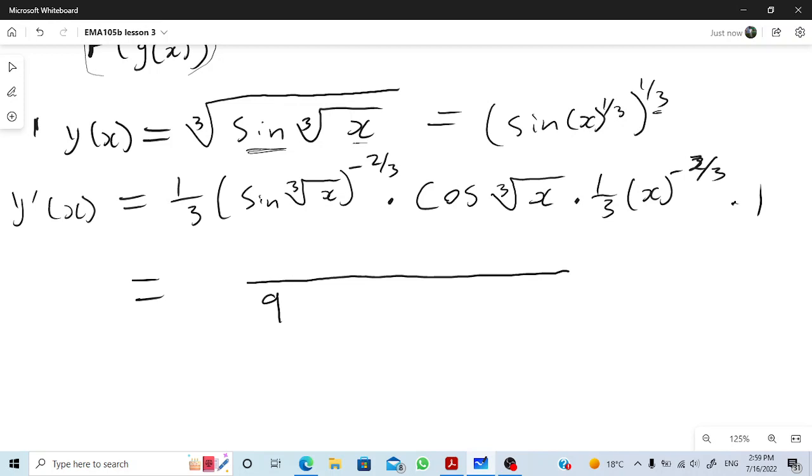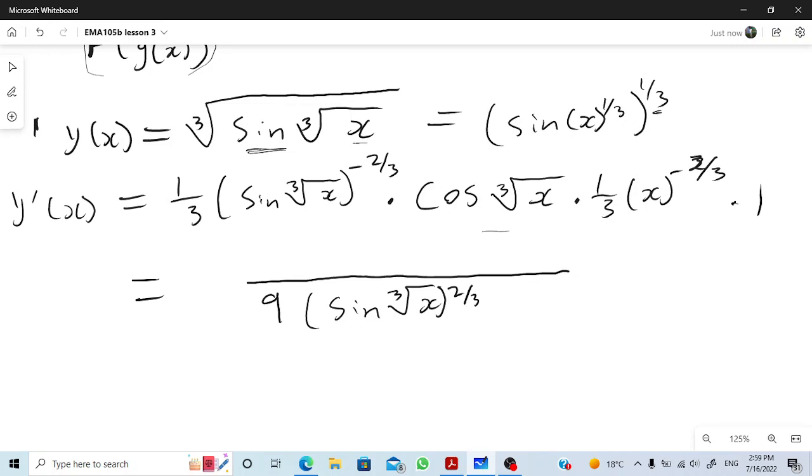So we are going to have sine of this. Since it came down, it will be not negative but positive, so it will be positive 2 over 3. Alright, so I dealt with this one.